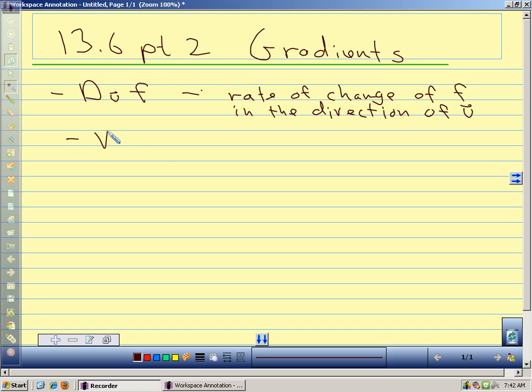Our gradient, del f, is df/dx i plus df/dy j plus df/dz k.